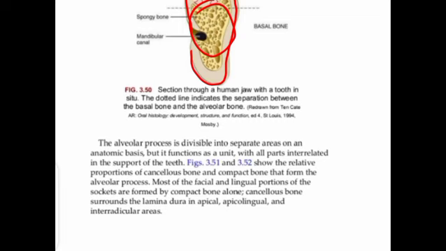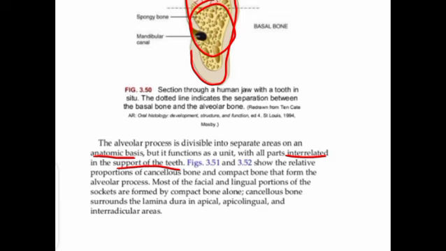Basically, the alveolar process is divisible into separate areas on an anatomic basis, but it functions as a unit, meaning the alveolar bone can be divided into many areas, but they function as a unit. All the parts are interrelated in supporting the teeth, which you can see in the structure. It shows the relative portion of cancellous bone and compact bone that forms the alveolar process.